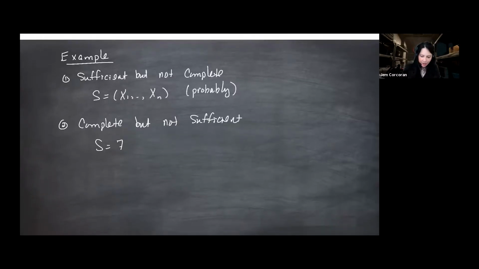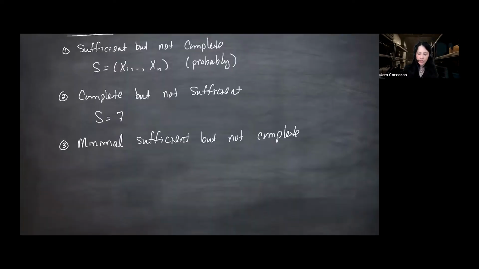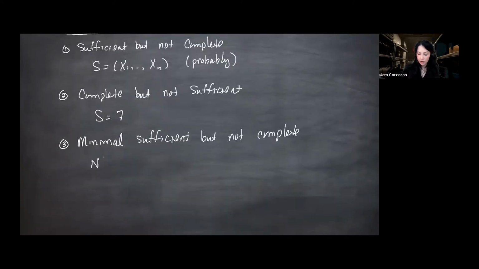Okay, so this one is maybe the most interesting one, and that is minimal sufficient, but not complete, because most of the times, these are the same thing. So an example of this would be to look at the normal distribution with mean mu and variance mu squared.